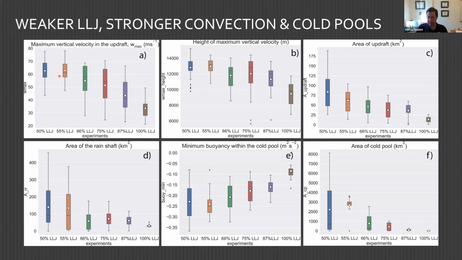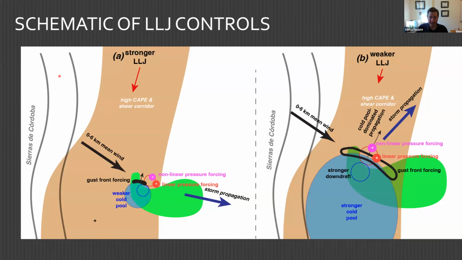We think that the cold pool production in these cases, because of the interaction of these big updrafts, the wide updrafts producing wide downdrafts that produce very cold air at the surface, is something that's particularly unique for these particular environments. So what we think is going on here is that when we have a stronger low-level jet, we actually see a relatively weaker cold pool, and these storms behave like a supercell that moves to the east like you would expect given the low-level shear profile.